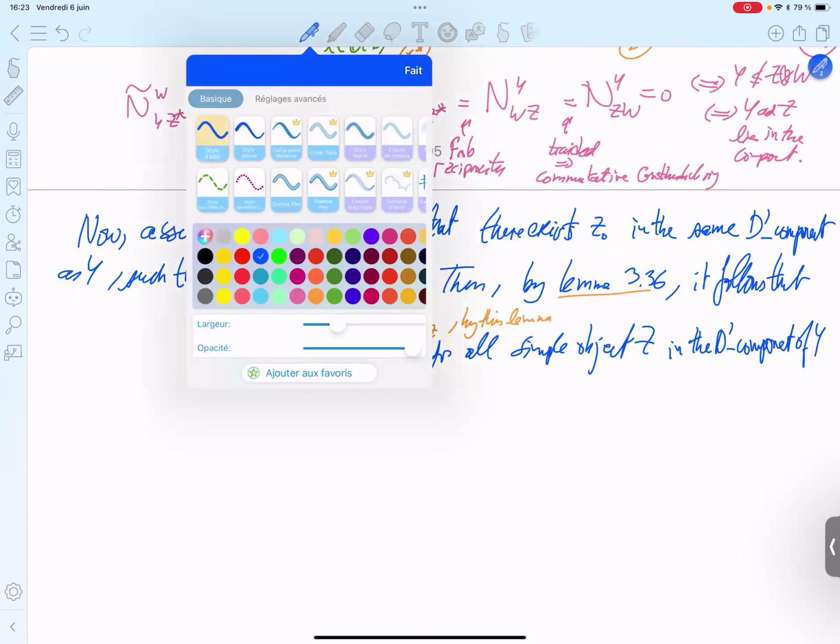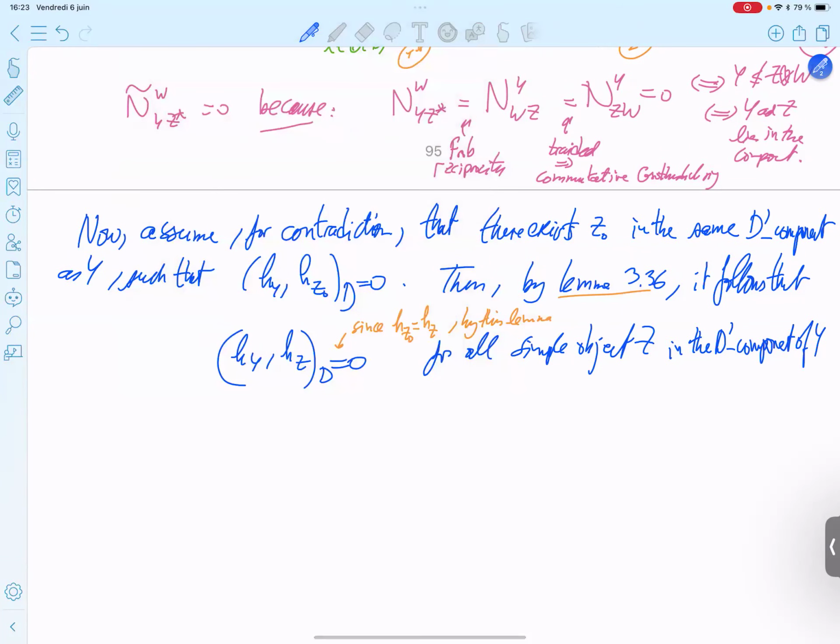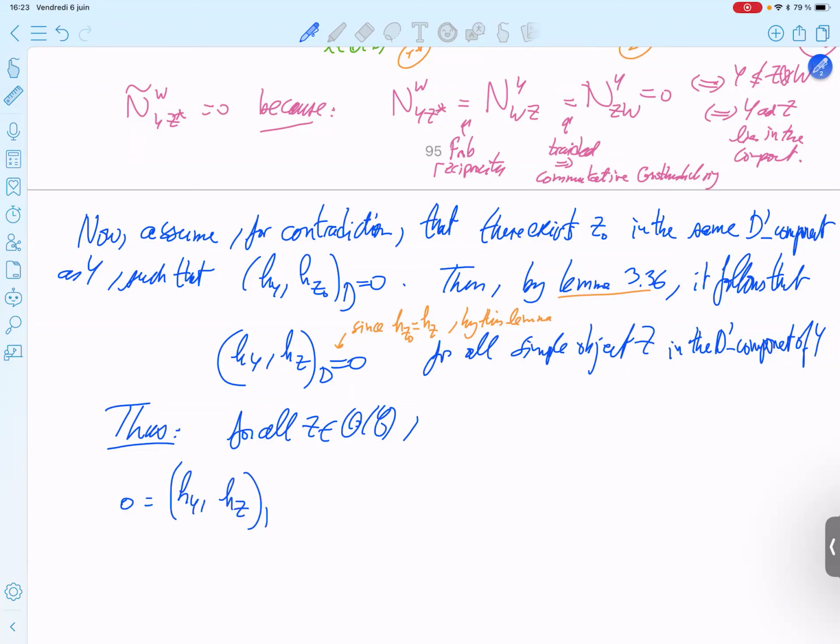Okay. So thus, for all simple objects in C, we have 0, which is equal to this inner product for all Z in this component, which by definition is this.